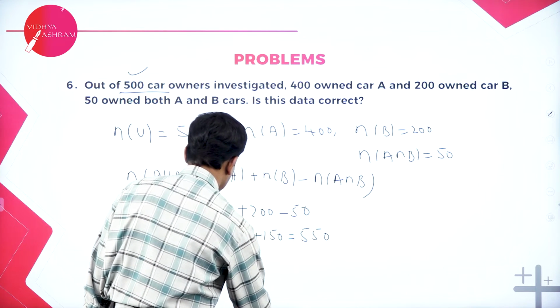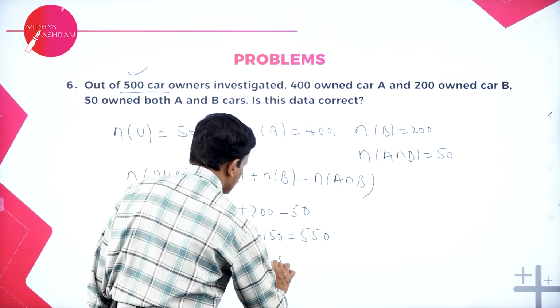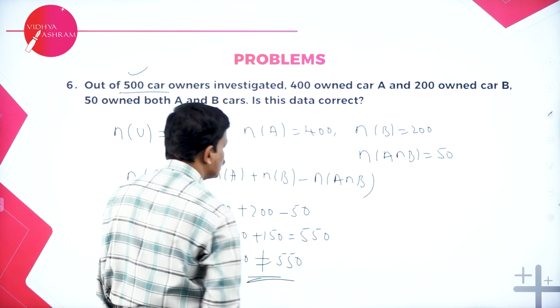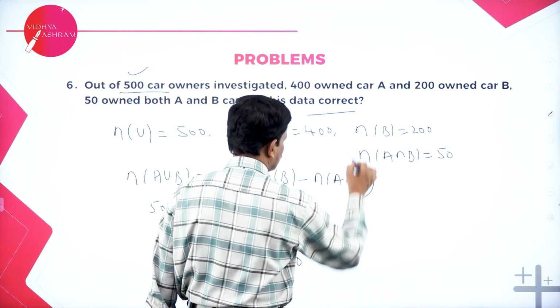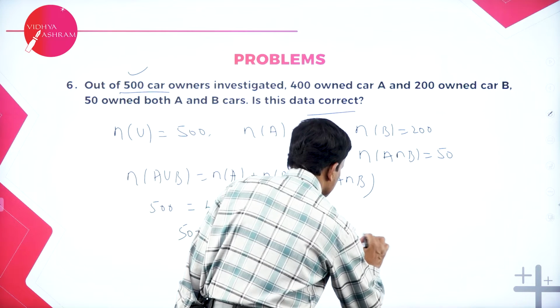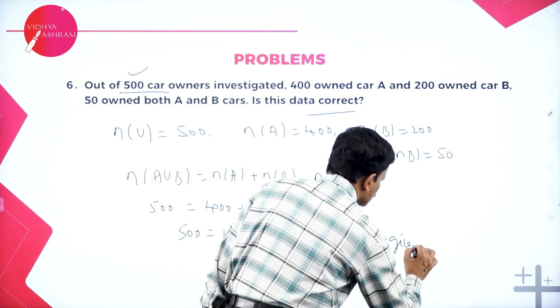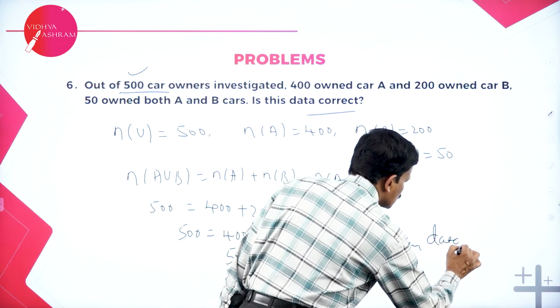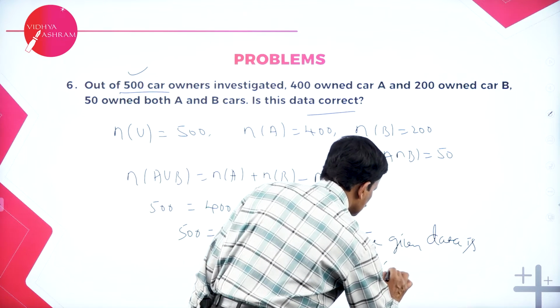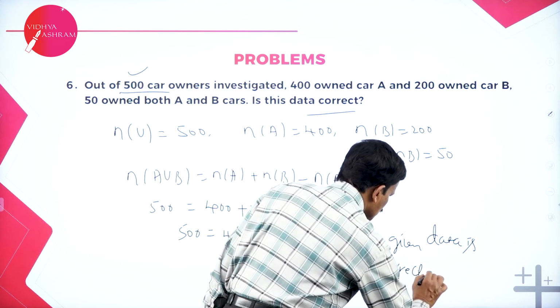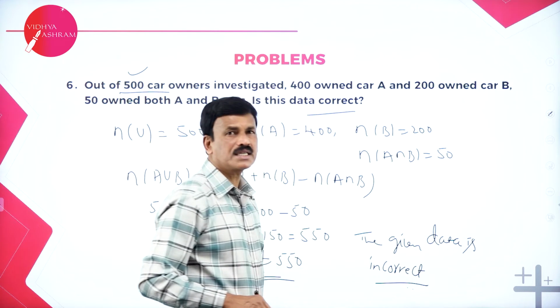They are not equal. 500 is not equal to 550. That means the given data is incorrect. This data is incorrect. Okay.